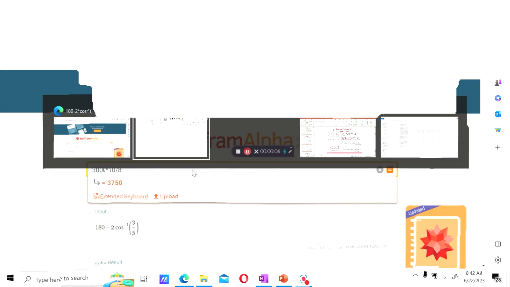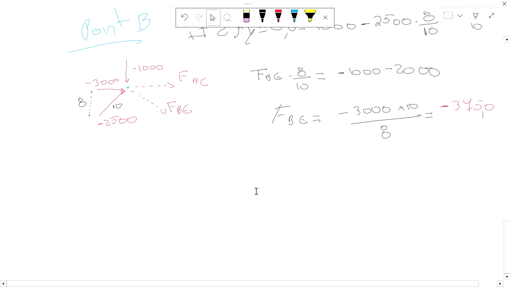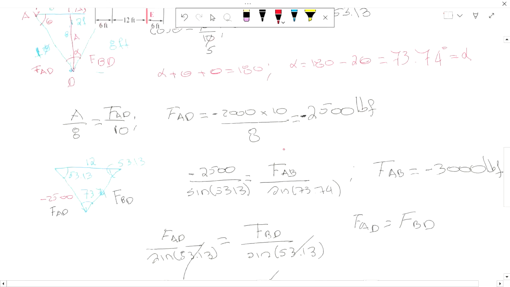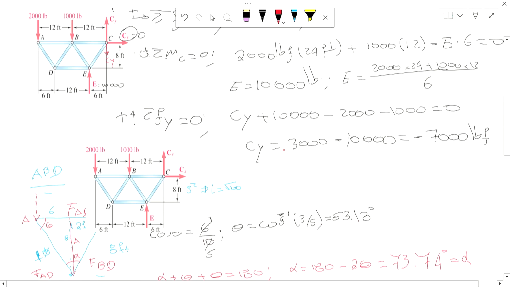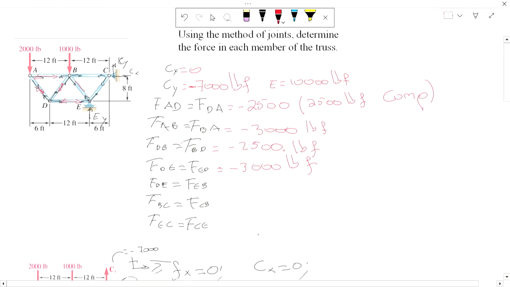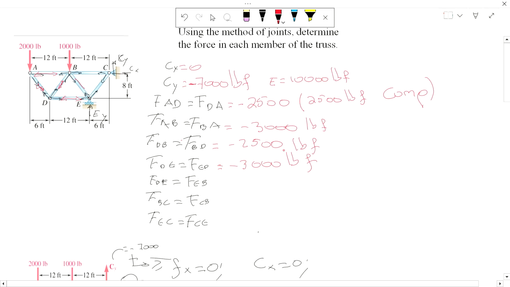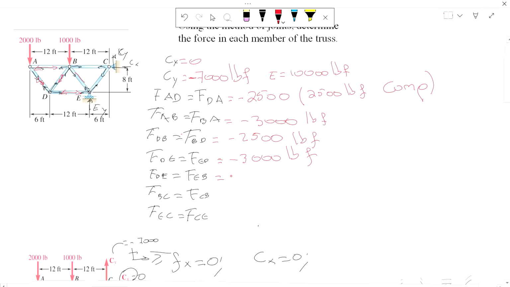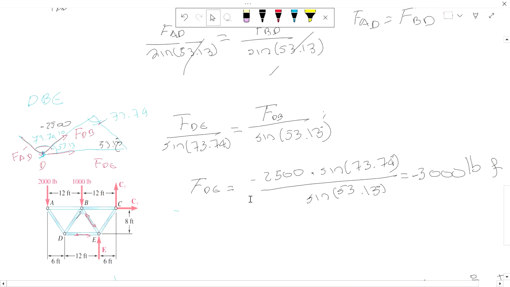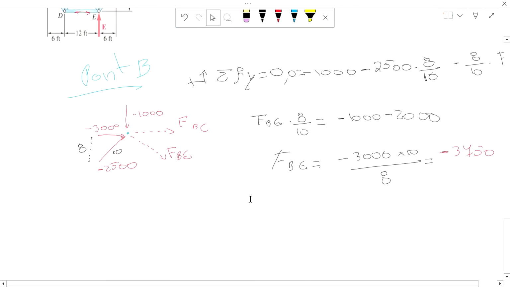Yeah, 3750. I must have typed 2000. Okay, 3750. And 3750 is force B to E. Negative 3750 pound force. All right. So we have FBE, which is the same as FBE.